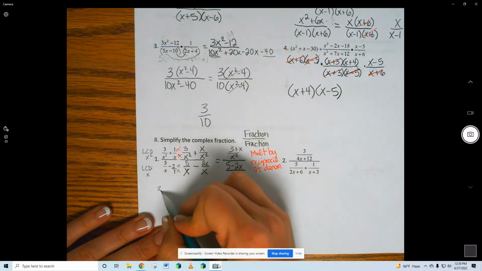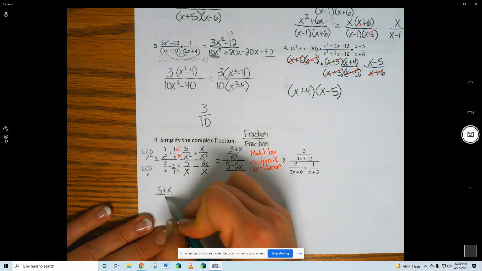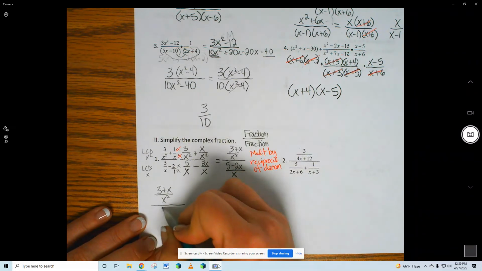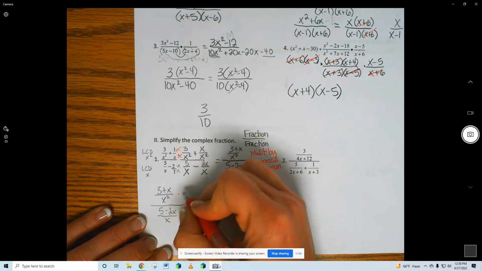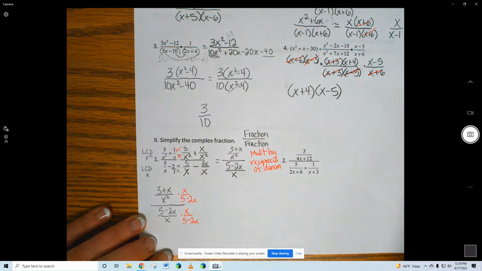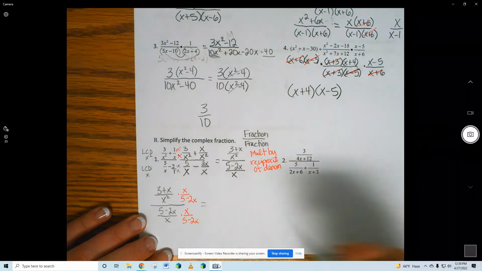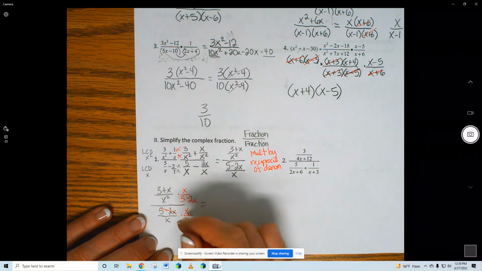So let me rewrite it over here. I can clear the denominator. So these are going to cancel in the denominator.